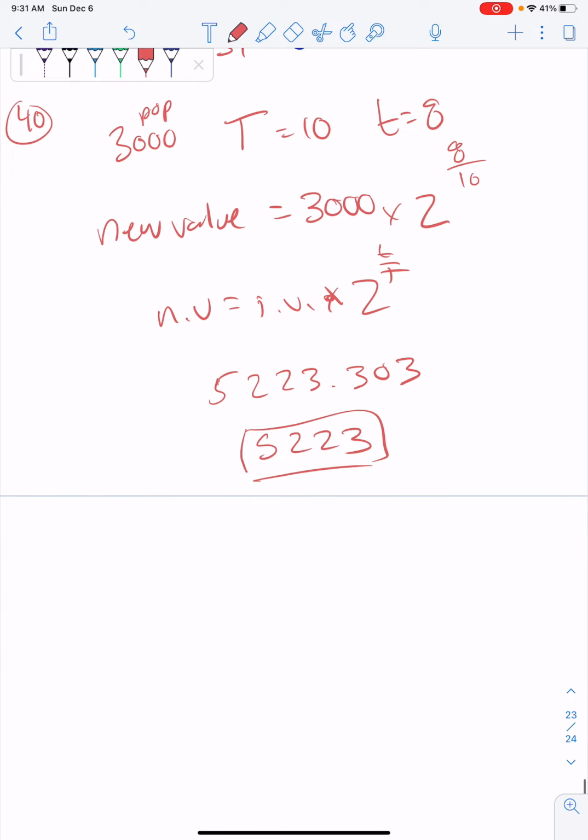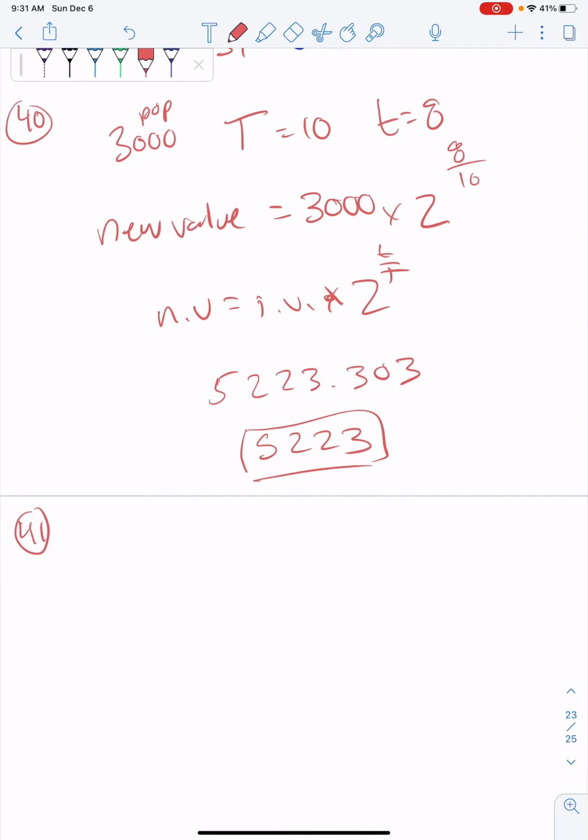Okay. Number 41. The number of cells in a tumor doubles every 3.5 months. I like this one because of the way that it uses the months. Well, I guess we're just going to turn everything into months.